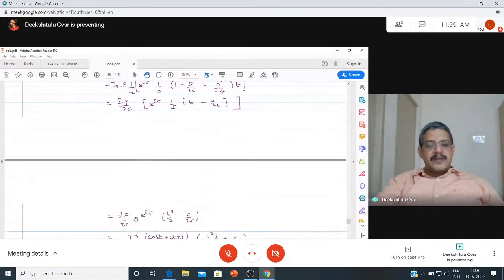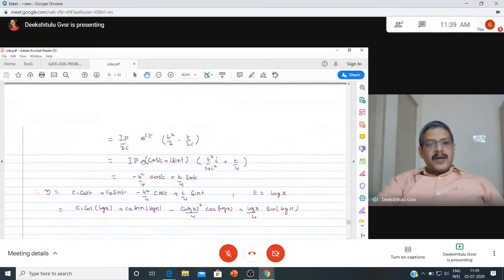So imaginary part of 1 by 2i e power it, integral of t is t square by 2, integral of 1 is t. Now expand e power it as cos t plus i sin t. Taking the 2i inside, cos t plus i sin t times t square by 4i square, multiply with i in numerator and denominator, it becomes i square, plus minus t by 2i into 2i is minus 4.